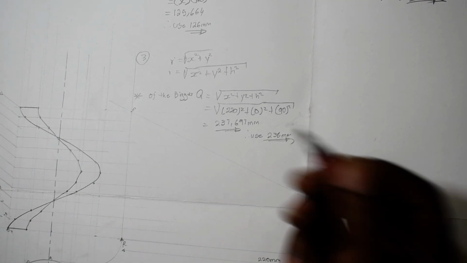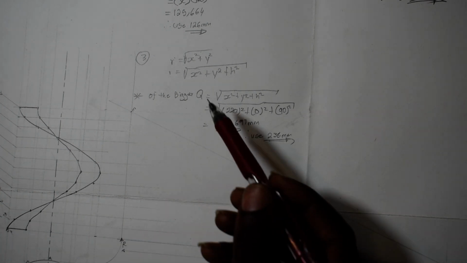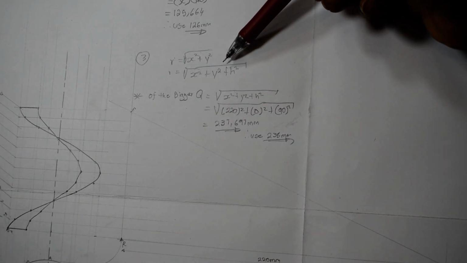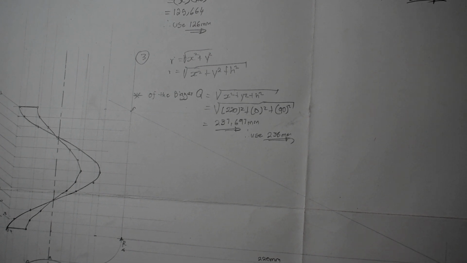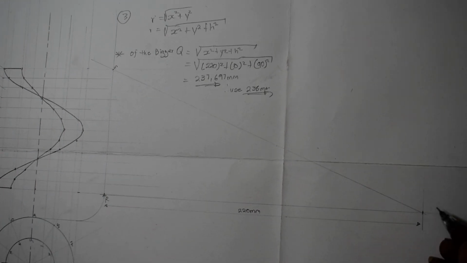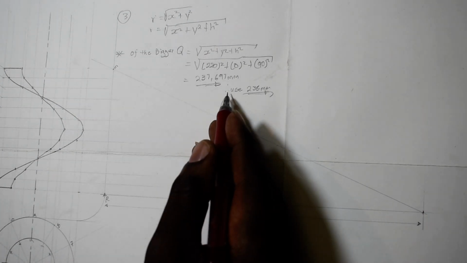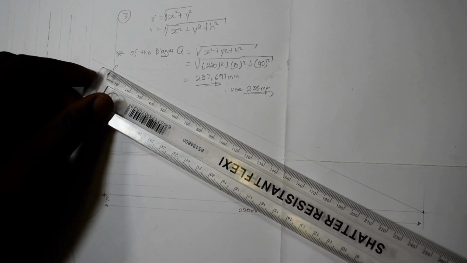You get that? So mathematically we included the height. So now if I come and record this from here till there, I must be getting that answer. Let's do it.